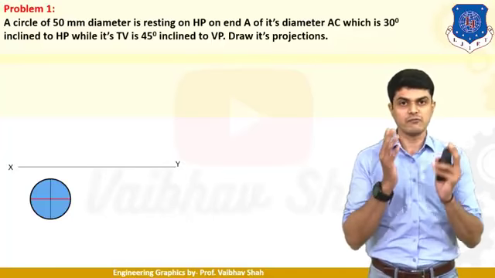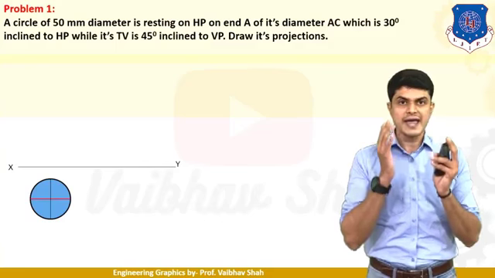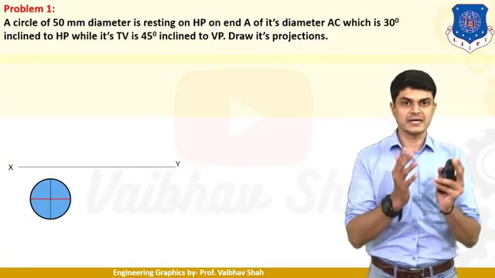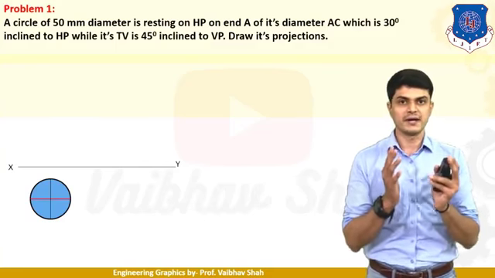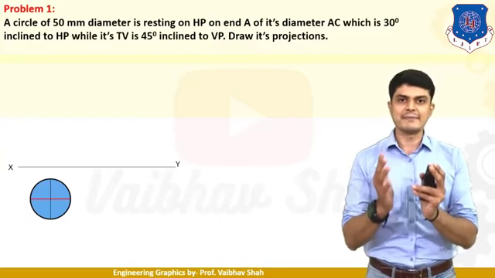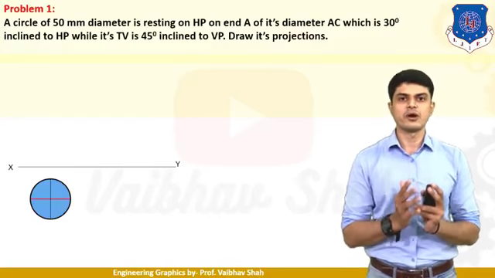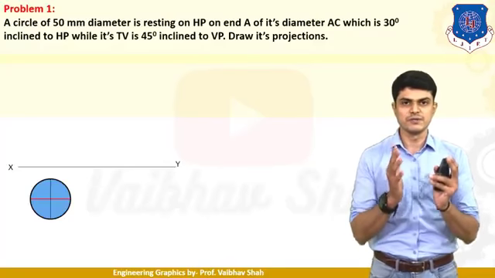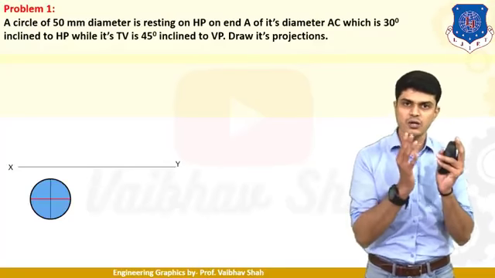I would suggest always dividing the circle into 8 or 12 parts. Don't divide into 4 equal parts. But for understanding, I am dividing each circle into 4 equal parts in this case. But you will be using either 8 parts or 12 parts.